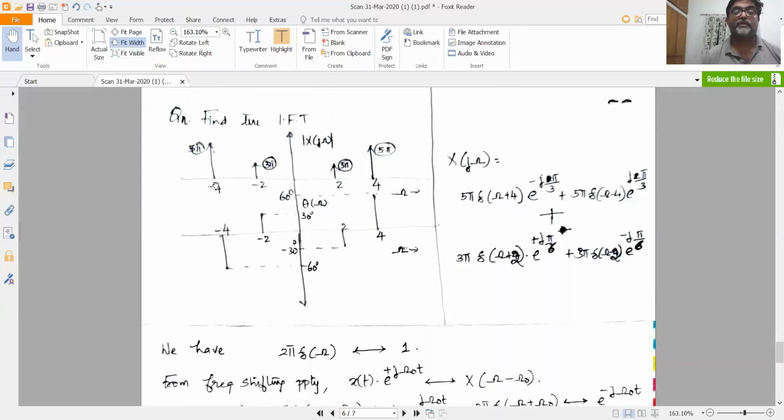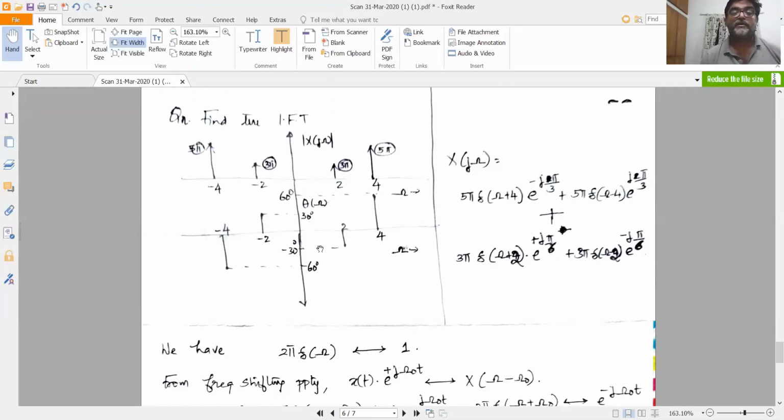5 pi delta omega plus 4 into e raised to minus j pi by 3. Then 3 pi delta omega plus 2 into e raised to plus j pi by 6. That is this part.